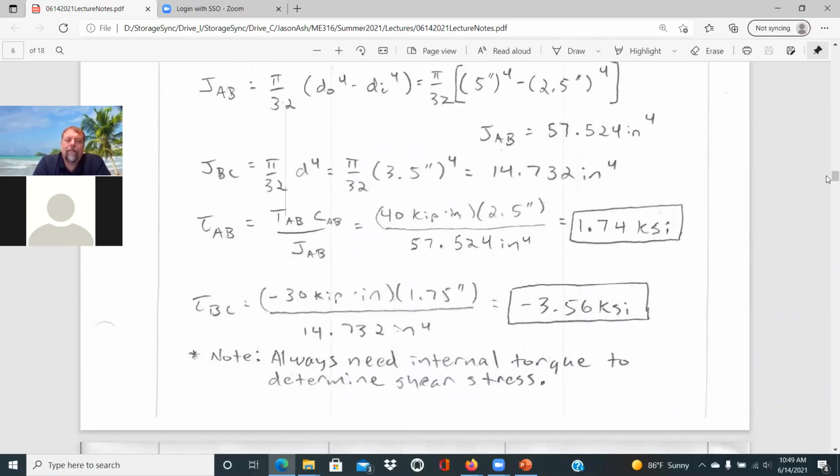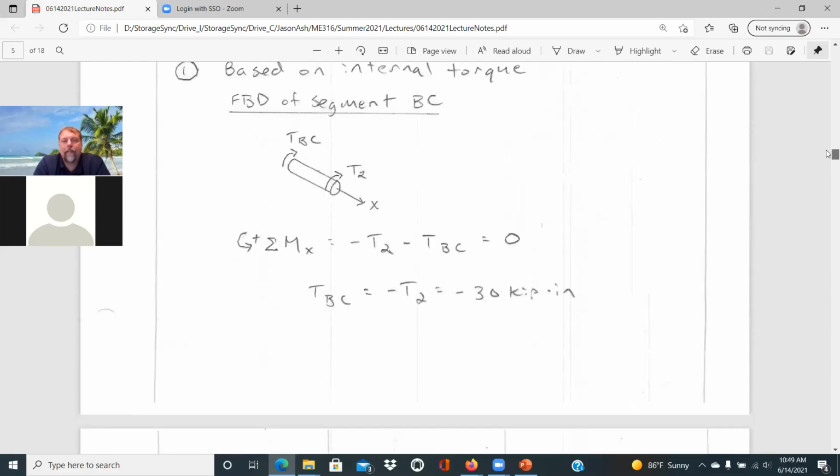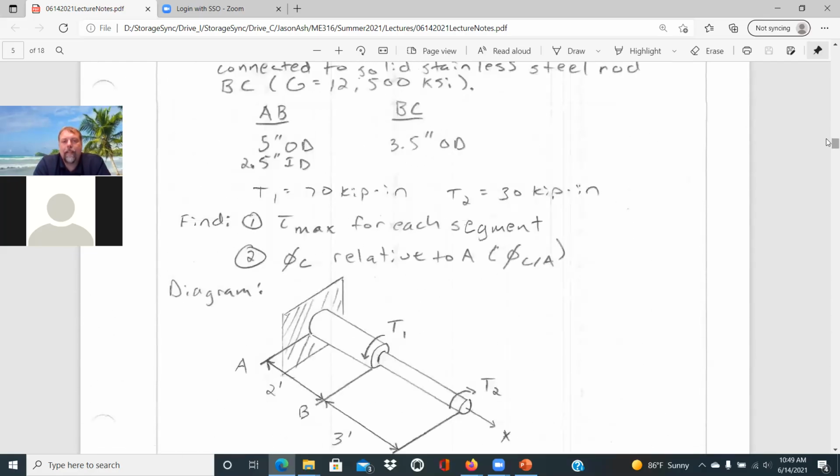And then doing the same thing for the stainless steel section, that diameter was 3.5 inches. So the radius C would be 1.75. Let's see, yep, so outer diameter 3.5 inches.